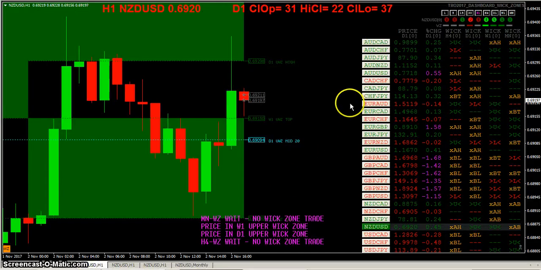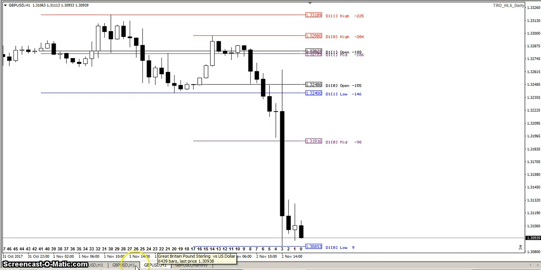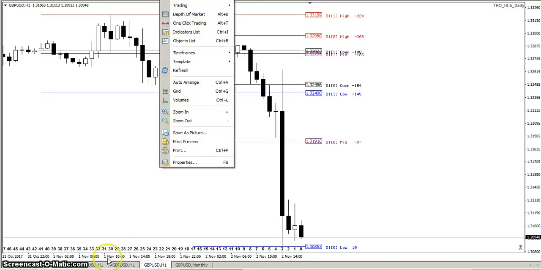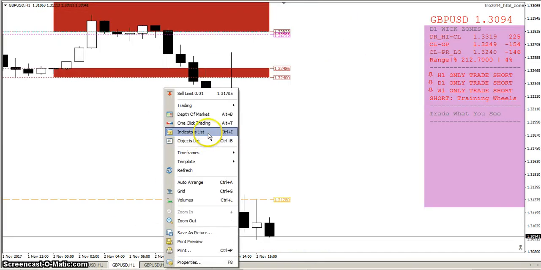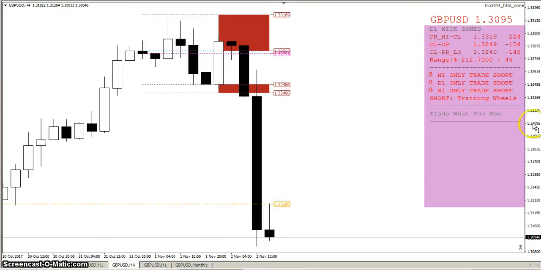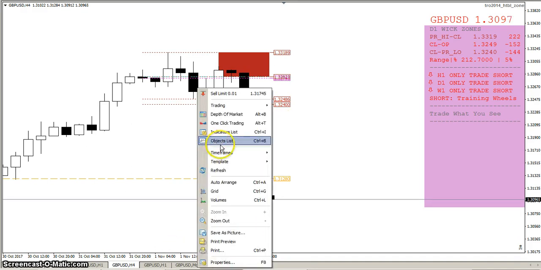Let's see if we got something else that looks interesting. Pound dollar on the H4. So what we would probably do, we can switch over to H4. And it looks like it escaped. Let me see something here.